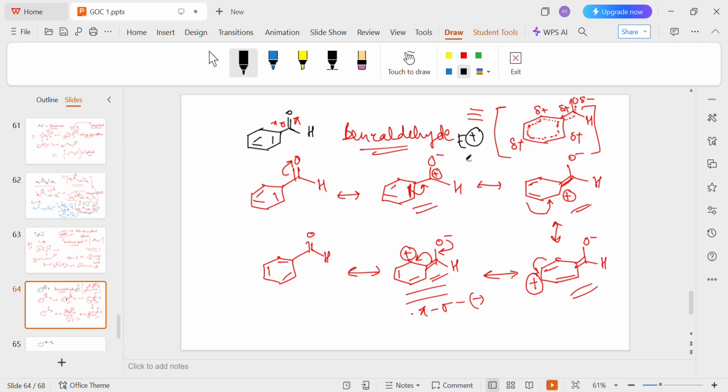अगर कोई इलेक्ट्रोफाइल को मैं बेंजाल्डिहाइड में डालूं तो which place is more susceptible to electrophilic attack?